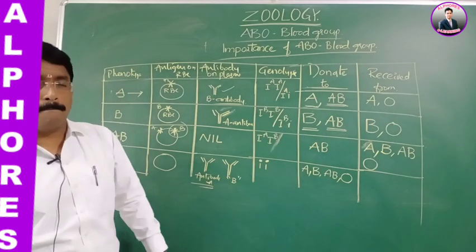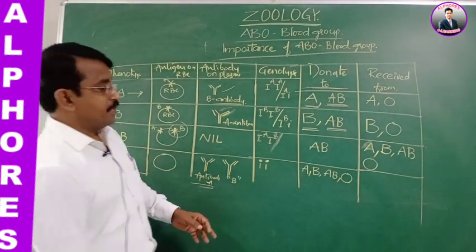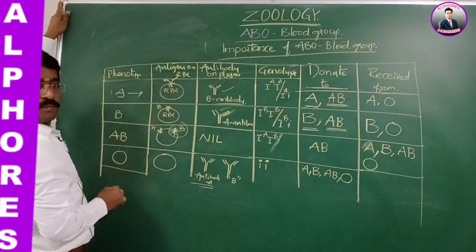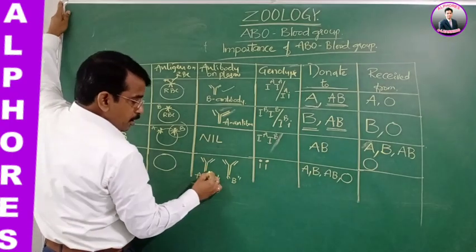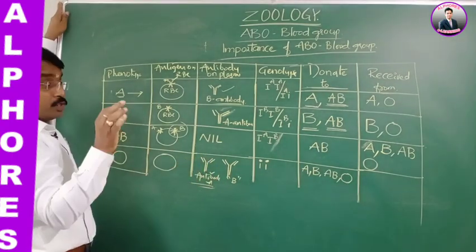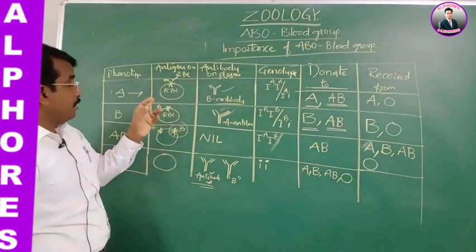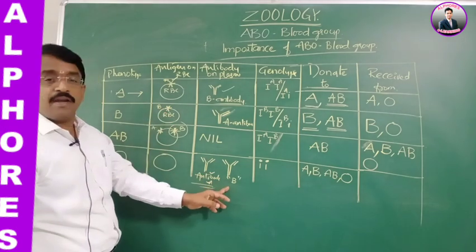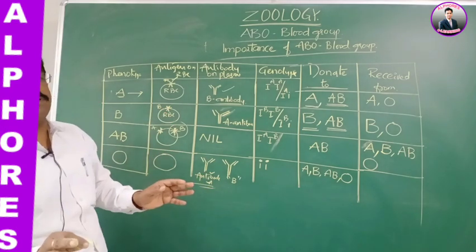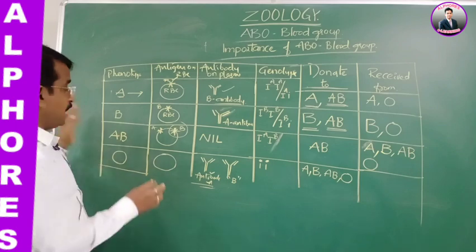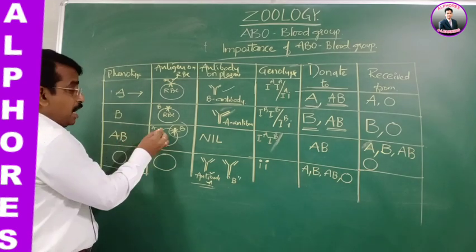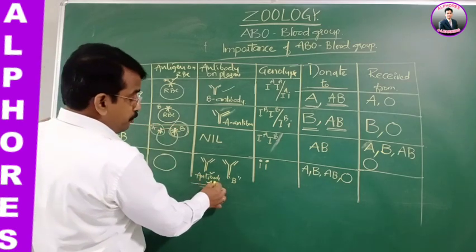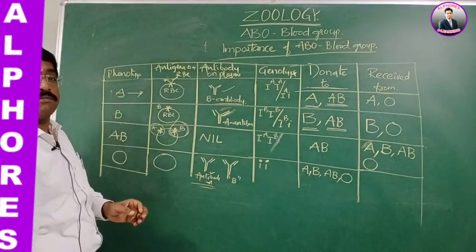And receiving from, for suppose, if it is received from A, it will have antigen A. Does it produce antibody A? Yes. So it should not receive from A. Let's see from B. B is with the B antigen and produces the B antibody. So it is a clump, agglutination, danger. And if it is received from AB, AB is with the A antigen and B antigen, and it produces antibody A and antibody B. So danger.